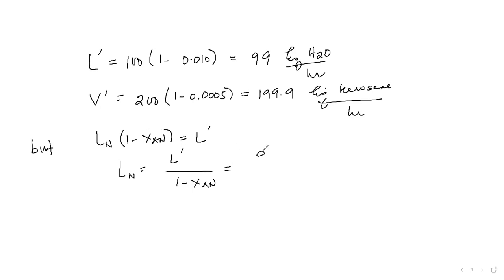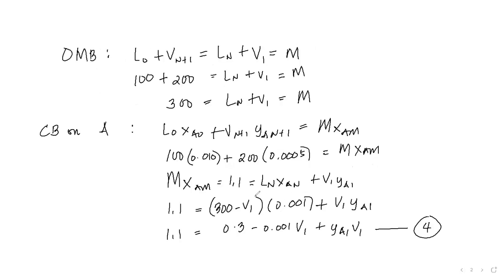Your L prime is 99, over 1 minus 0.001. Let me check. Correct. For the nicotine in the raffinate, this will give you an Ln value of 99.10 kilogram per hour. Now remember, let's go back to our slide, the previous slide. Remember that I have represented here Ln to be 300 minus V1.